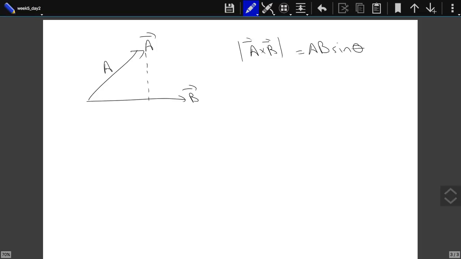So if this length is A, then this length over here is A times sine theta. If you imagine a parallelogram, what is the area of this parallelogram? This side is B, the height is A sine theta. Area is nothing but the magnitude of A cross B.